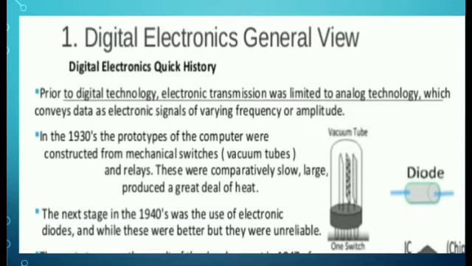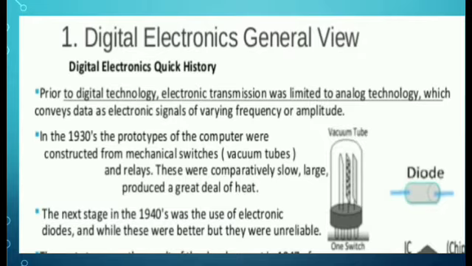Now come to digital electronics. See, this is one vacuum tube and this is a diode, right? In early electronics, the electronic transmission was limited to analog technology, which conveys data as electronic signals of varying frequency or varying amplitude.